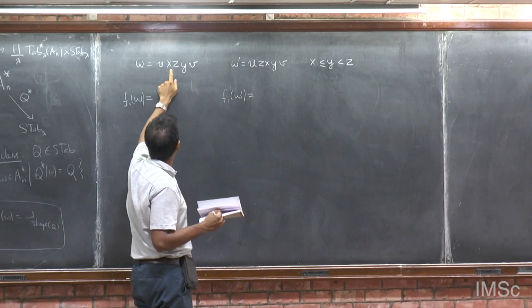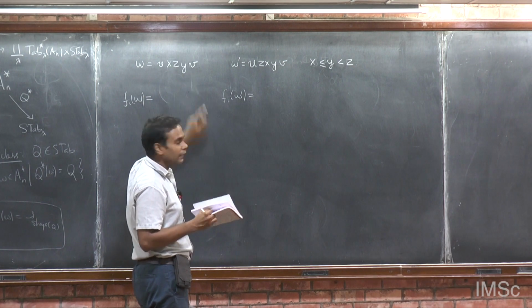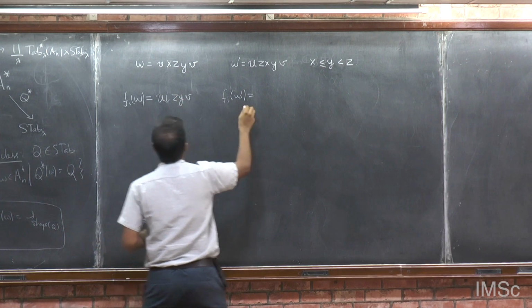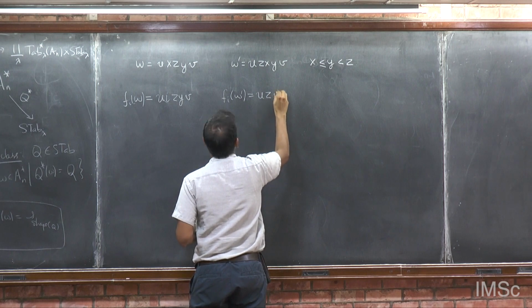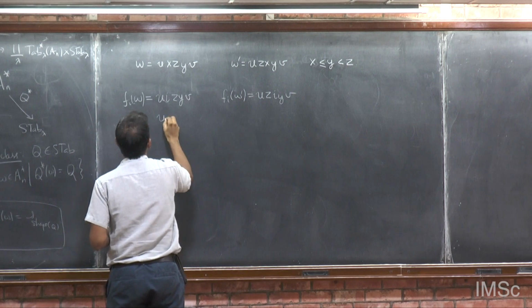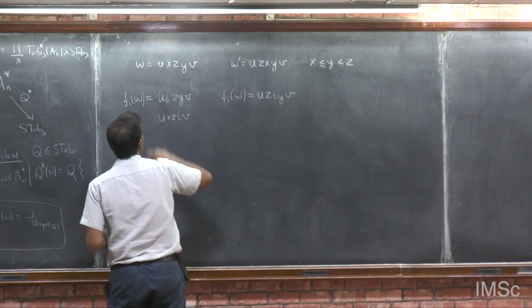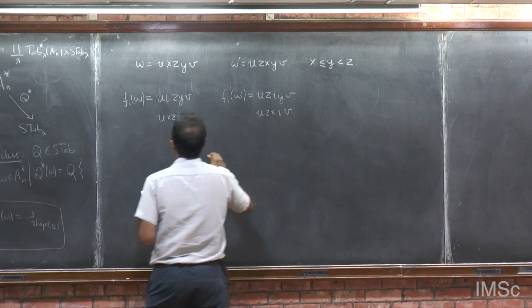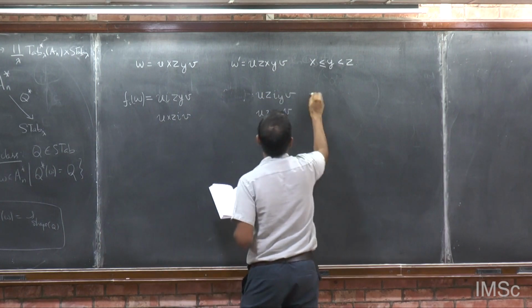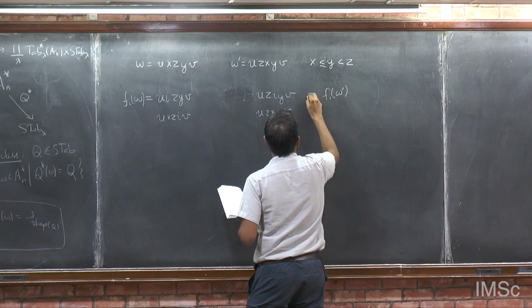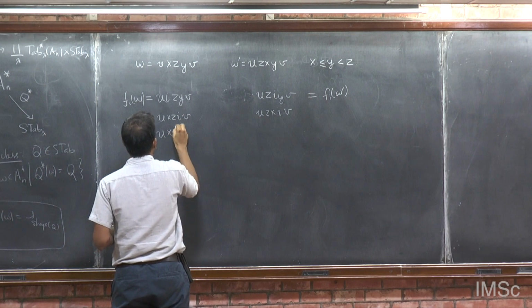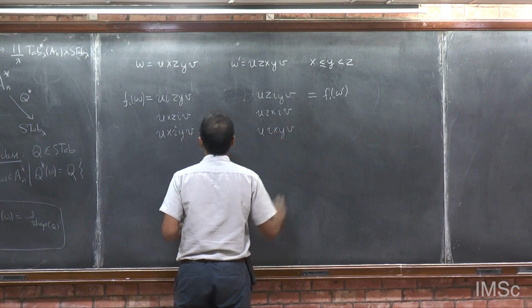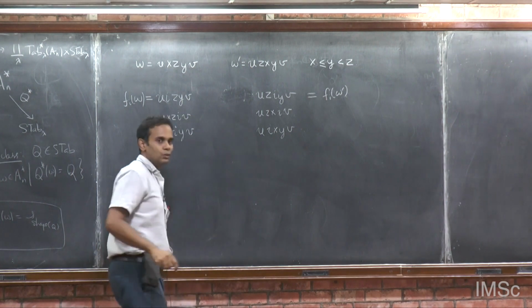So the cases to worry about are when the I that is changed to a J is one of these three letters. So we have three cases. We have U, I, Z, Y, V and U, Z, I, Y, V, or we have the case U, X, Z, I, V and U, Z, X, I, V, and the last case is U, X, I, Y, V and U, I, X, Y, V. What we want to show is that in each of these cases, these two are Knuth equivalent.